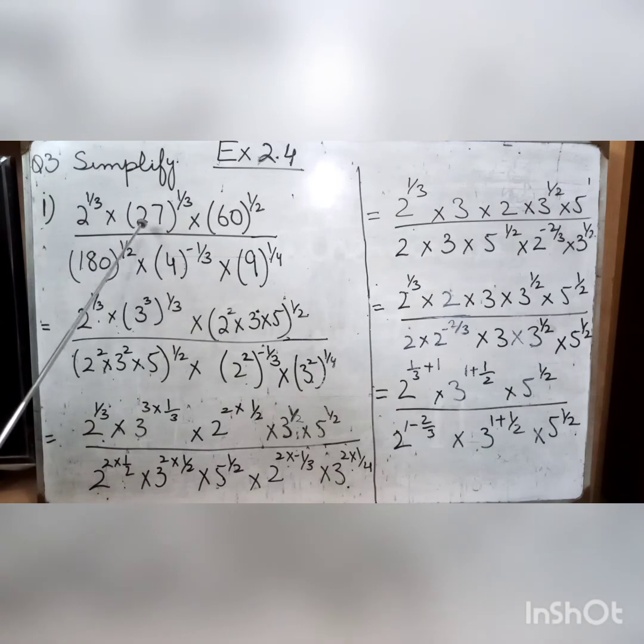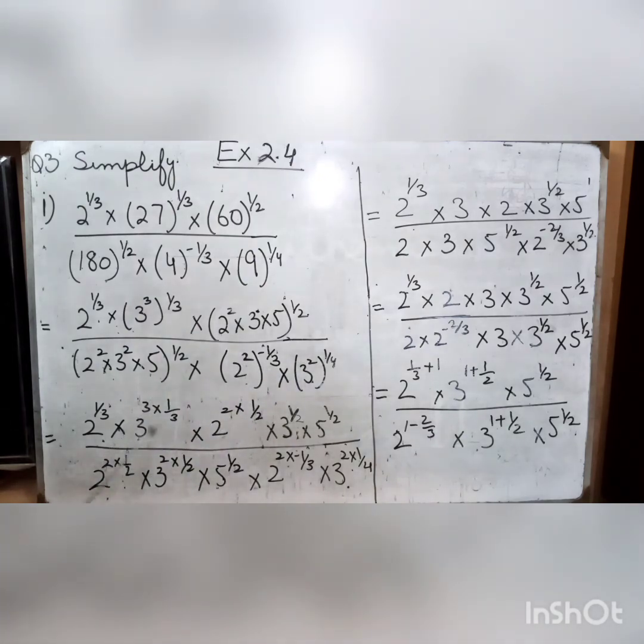Taking the prime factors: 27 is 3 raised to power 3, 60 is 2 raised to power 2 multiplied by 3 multiplied by 5, 180 can be written as 2 raised to power 2 multiplied by 3 raised to power 2 multiplied by 5, 4 is equal to 2 raised to power 2, 9 is equal to 3 raised to power 2.